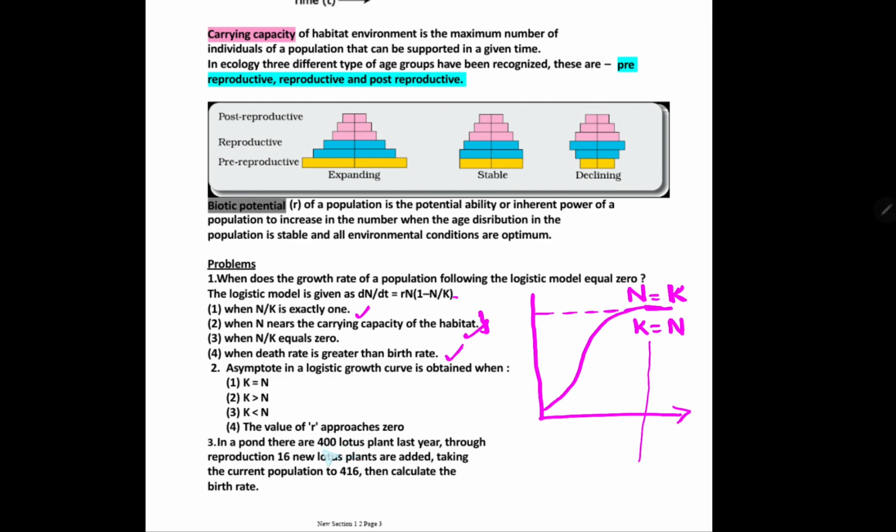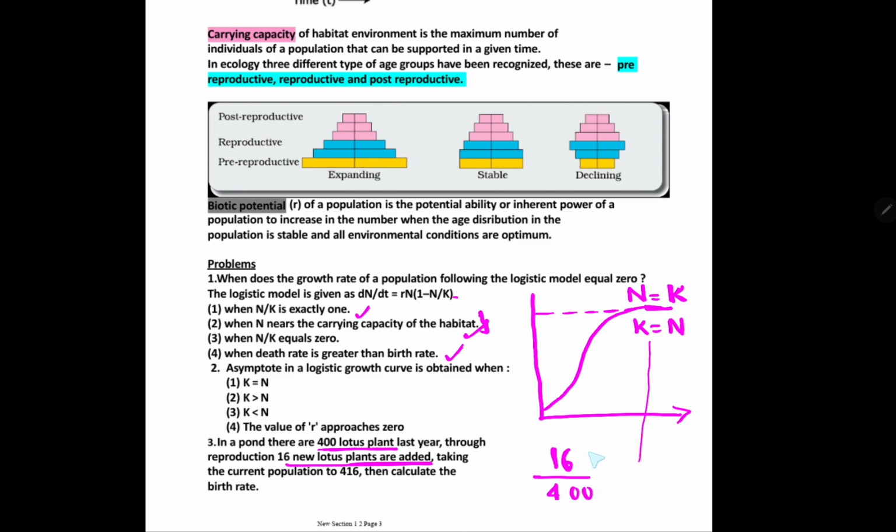One more question, students. We have a pond with a total of 400 lotus plants last year. 16 new lotus plants were added. Taking the current population 416, calculate the birth rate. Very simple. How many new plants came? 16. The initial population was 400.